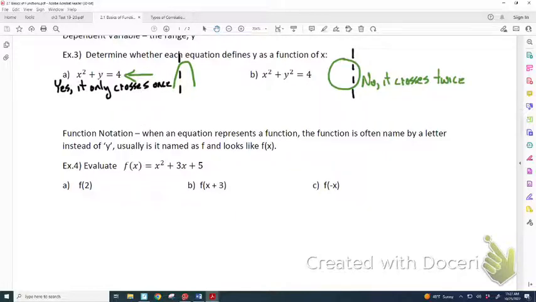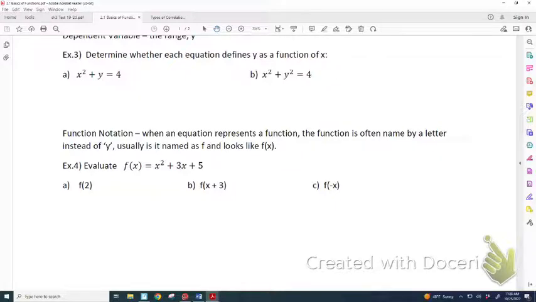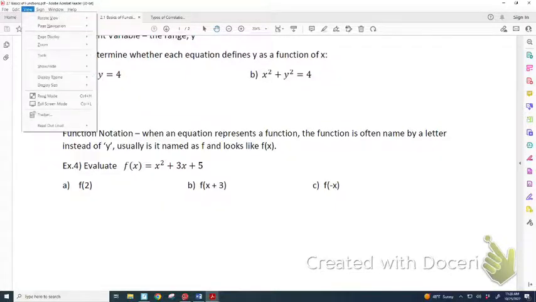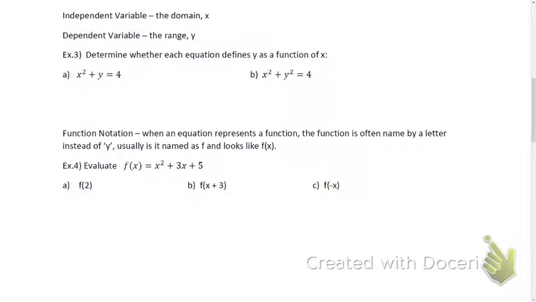All right, so somewhere on your paper, maybe write down what the vertical line test is. I'm going to write it right up here above those problems. So it's called the vertical line test. I'll write it over here. I don't think we've written anything over here yet. Draw a vertical line through the graph.